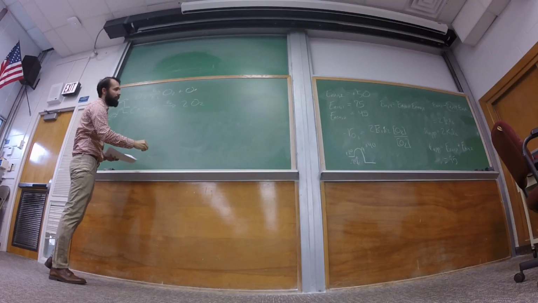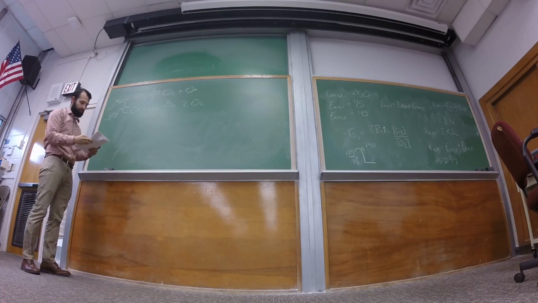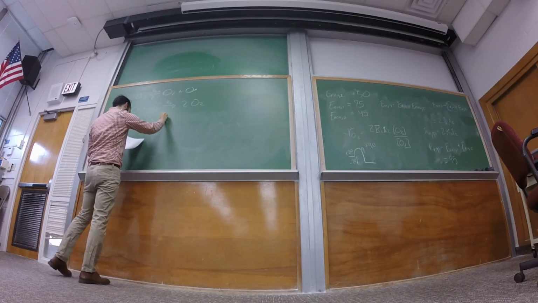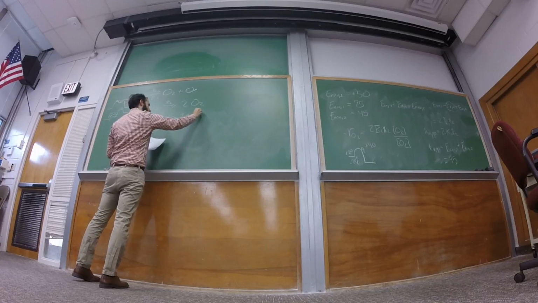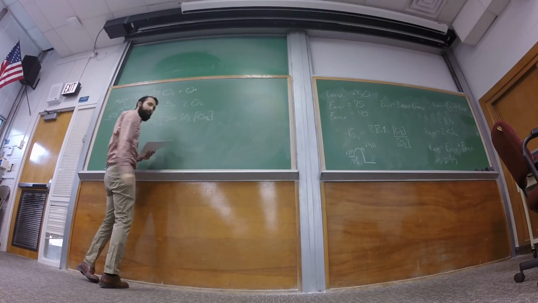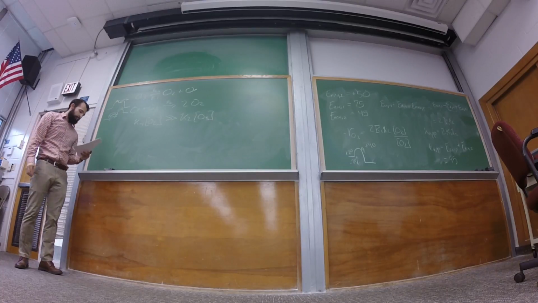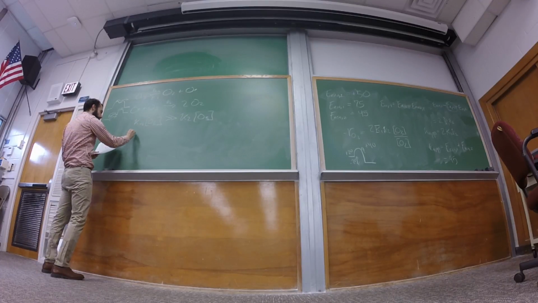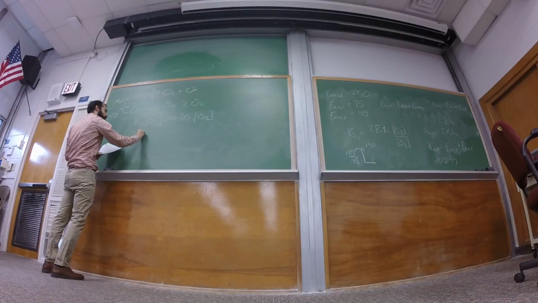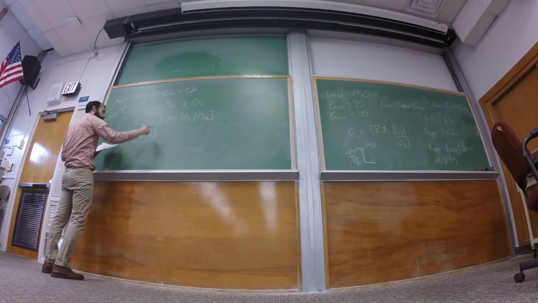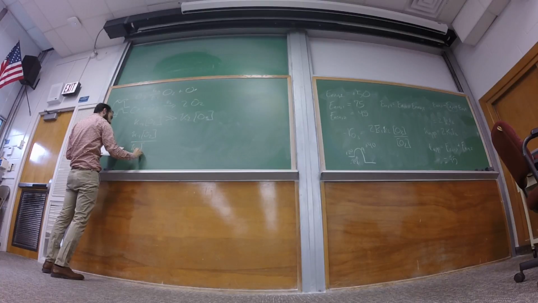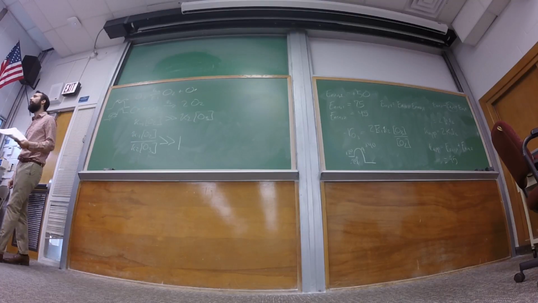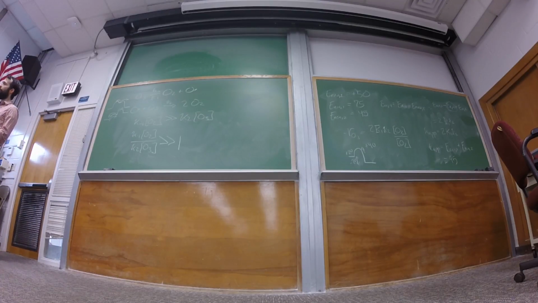But the inequality that matters, again, from part C, right? And so if we take the ratio of those two things, or if we just divide in that inequality, what you see is that this expression has to be much greater than 1 in order for the first reaction to be quasi-equilibrated, right?